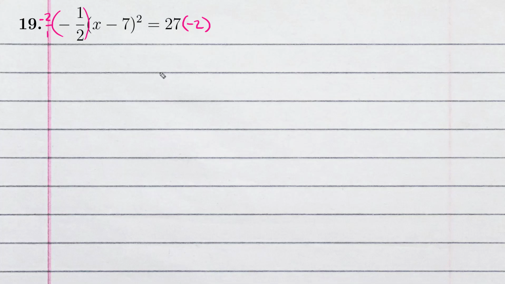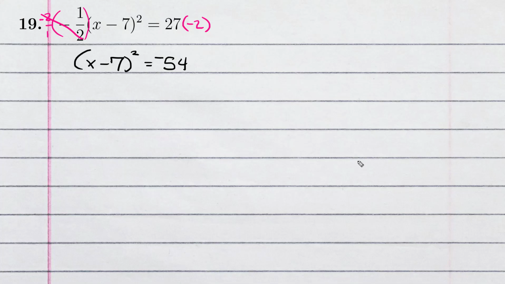Negative 2 over 1 is the same thing as negative 2. That cancels out on the left-hand side, leaving us with just (x - 7)² equal to 54. And that would be a negative 54, because we have one positive and one negative.